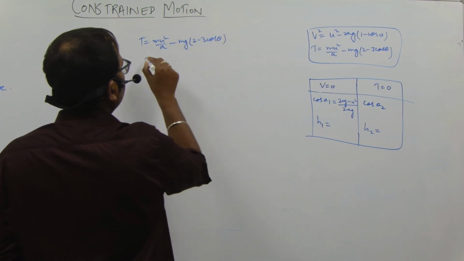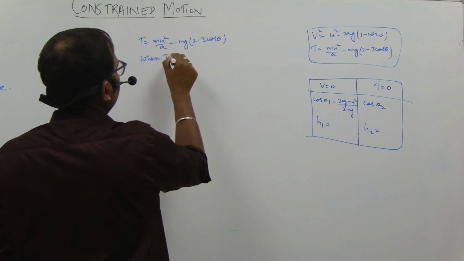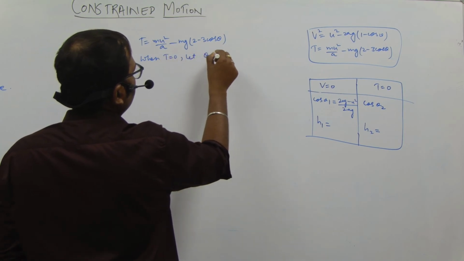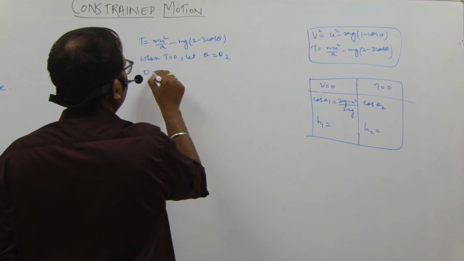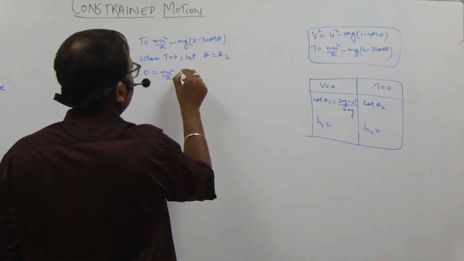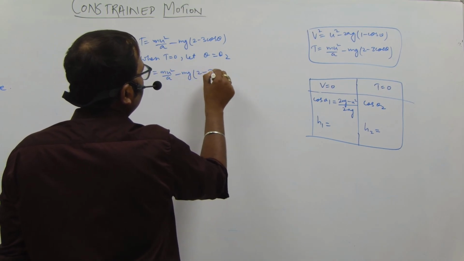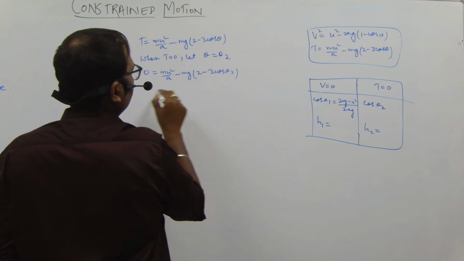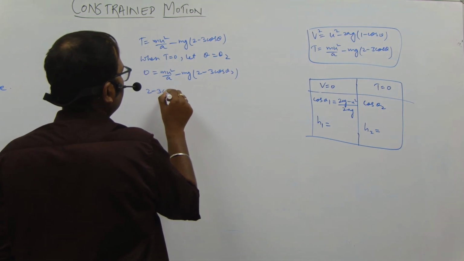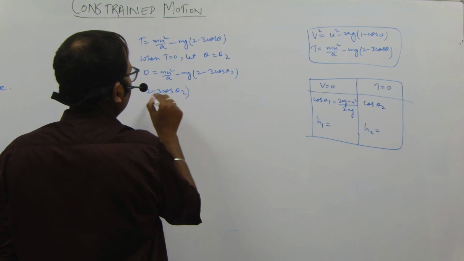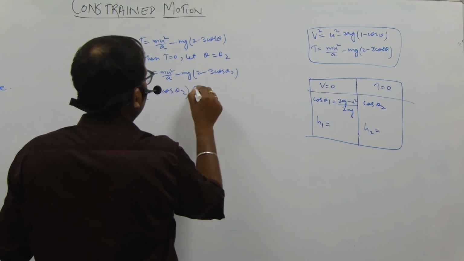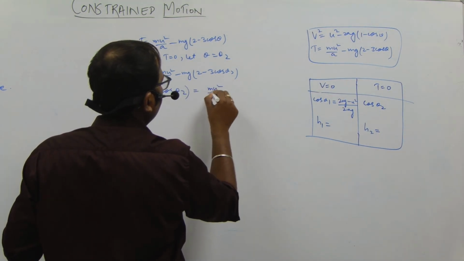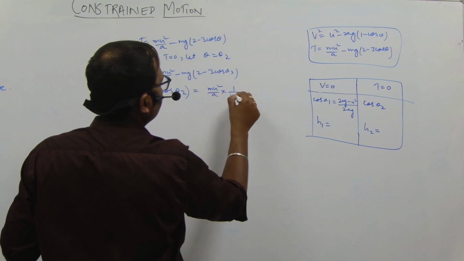When T is equal to 0, let theta be theta 2. 0 is equal to mu square upon a minus mg 2 minus 3 cos theta 2. Okay, so 2 minus 3 cos theta 2 is equal to mu square upon a into 1 upon mg.